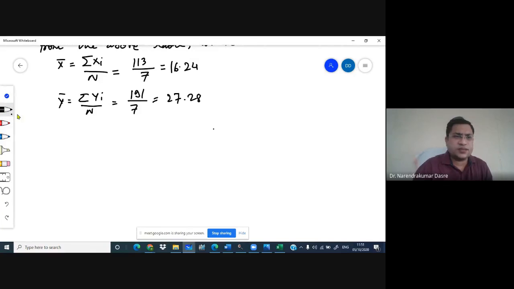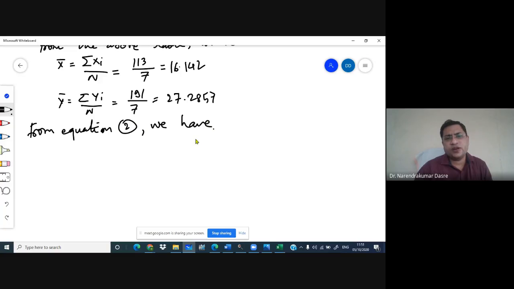So this is going to be 142, and this is 57. Now from equation 2, we first want to calculate byx, and then only we are able to calculate the line of regression.